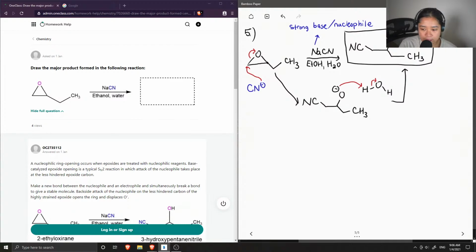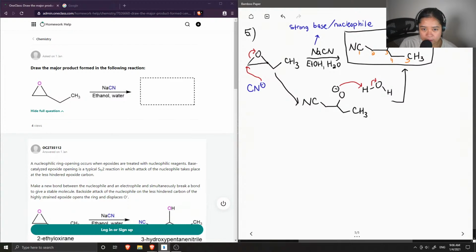So if we were to name this molecule, we first need to number it. Starting from the cyanide is carbon 1, 2, 3, 4, 5. We have a 5 carbon long chain, so pent will be our parent name.